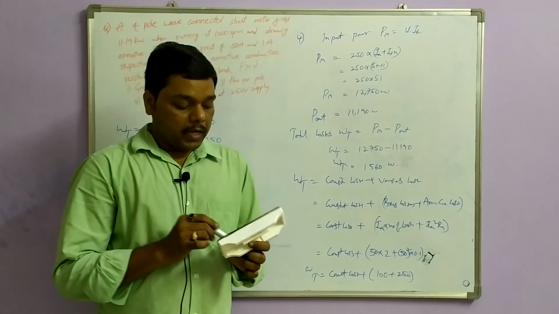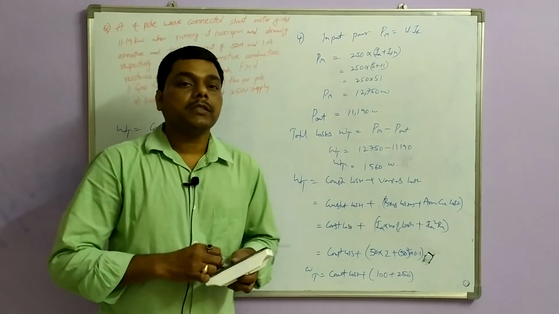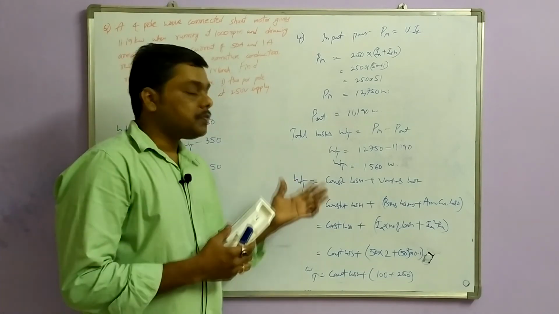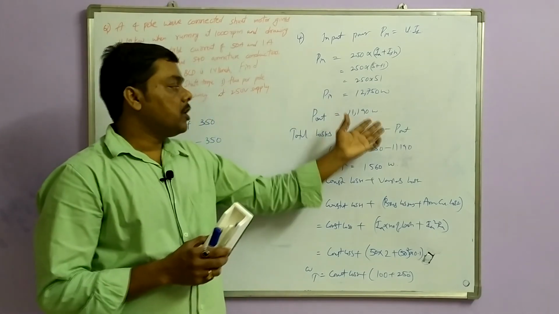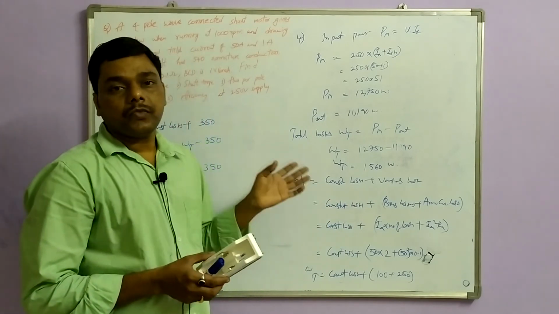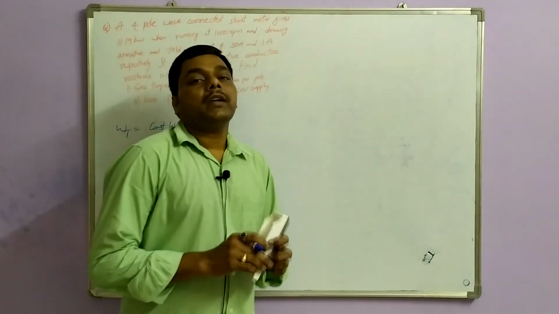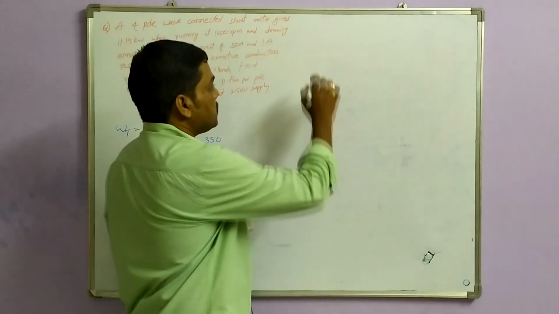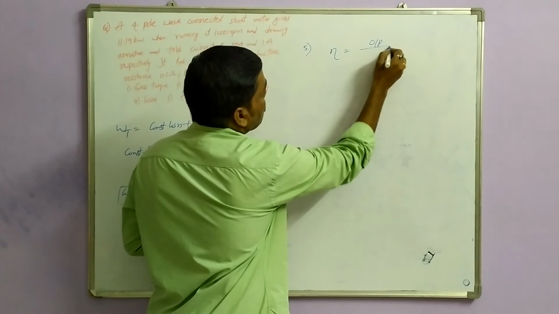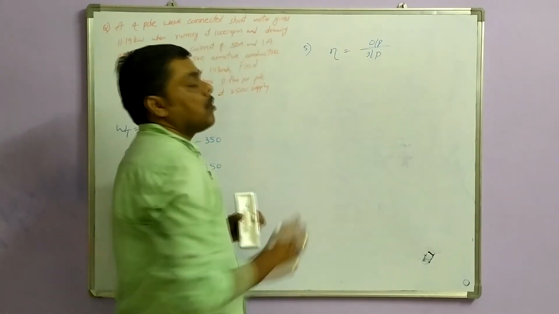Now we will calculate the efficiency of this motor, as we already have the input power and output power. We can calculate the efficiency of this machine. Now we will calculate the last element, efficiency. So it is very easy. Efficiency is equal to output power by input power.